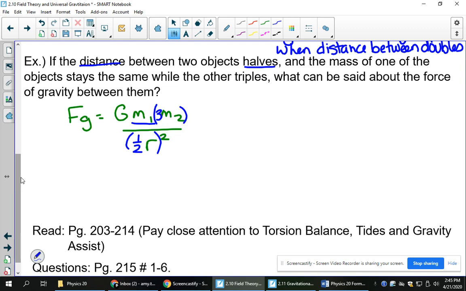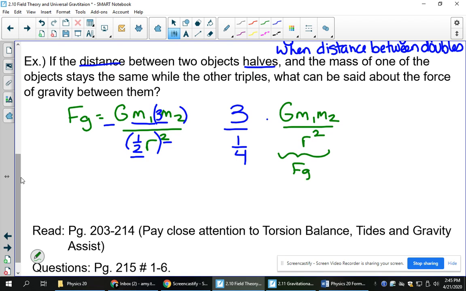I'm going to pull all of my numbers out of the equation now. This 3, I'm going to pull in front. This 1/2, I'm going to square to get 1/4, and I'm going to pull it in front. And what remains is all of the stuff that was originally in the question, which is the same as Fg.